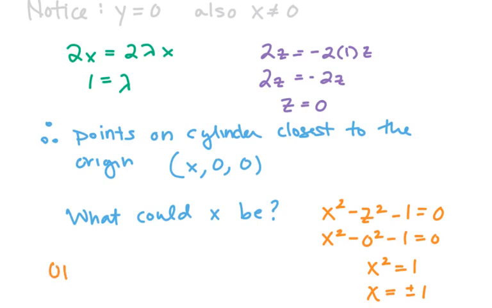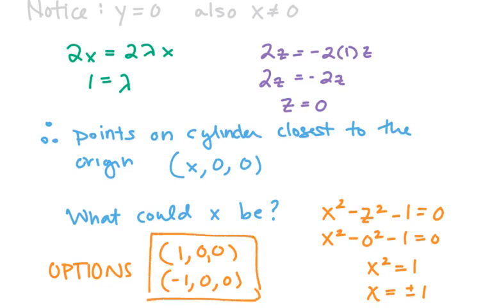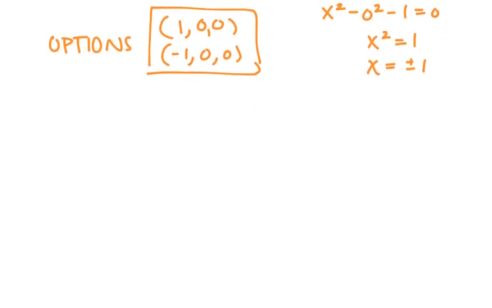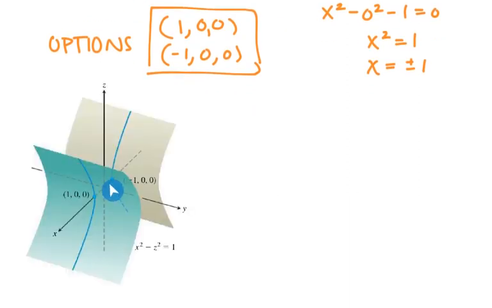So my options for the solution would be +1, 0, 0, or -1, 0, 0. Both of these are 1 unit away from the origin, which is what we noticed in that original picture. These are my 2 points closest to the origin.